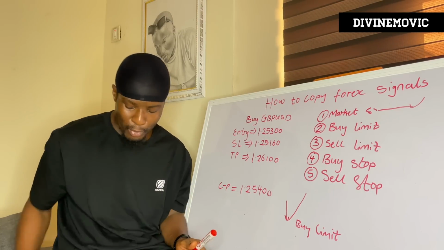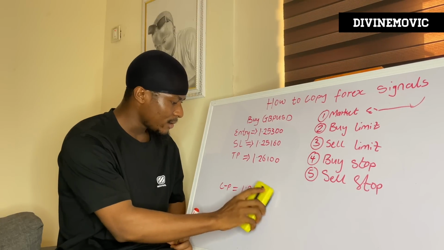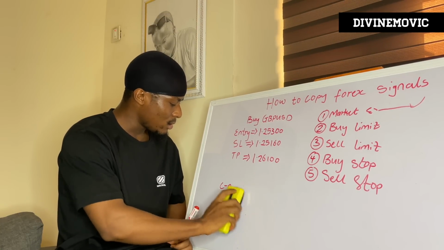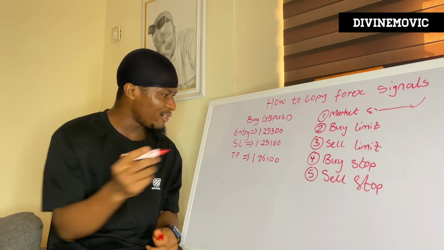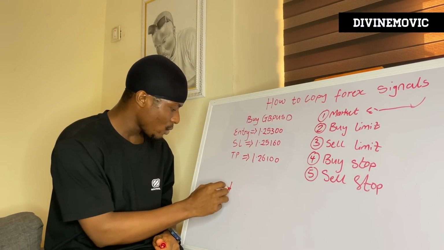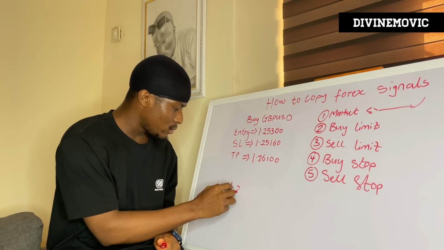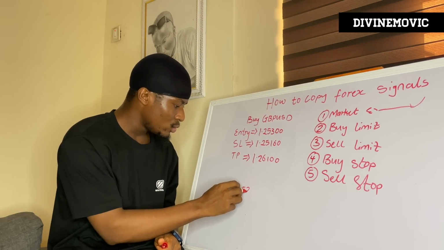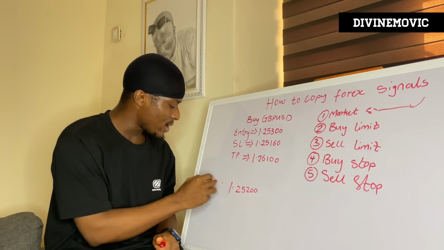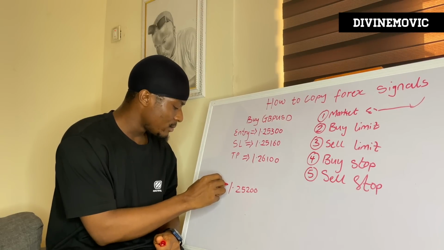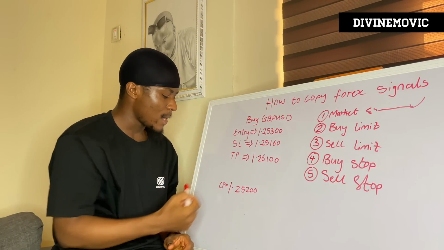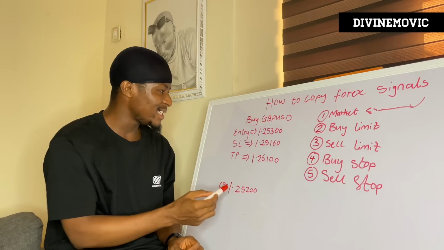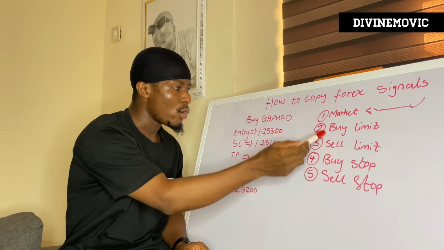Now, let's say the price is below, let's say 1.25200. That is the current price, CP, and you are given this signal to copy. First you want to decide if it's going to be a buy stop or a buy limit.